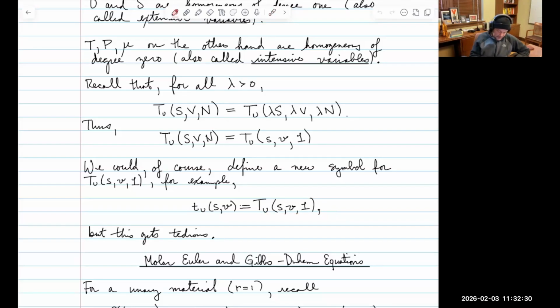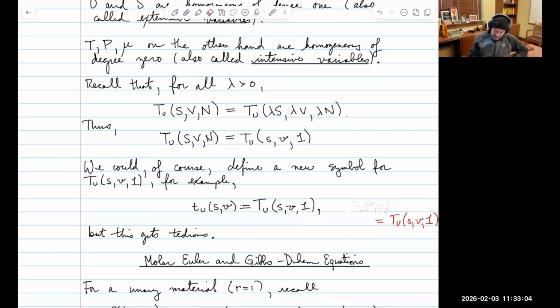We're just going to use this definition. I guess I failed to write it. We're just going to use t, in this case, u, s, and v is equal to tu of s, v, and 1. So when we go from three variables down to two, it's just understood that that last entry is just a 1.